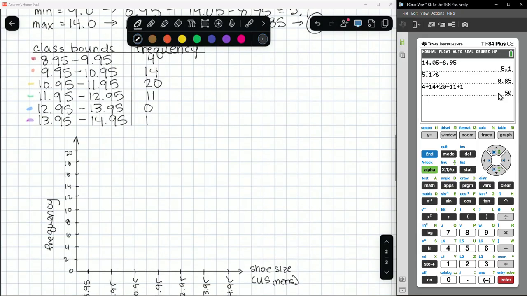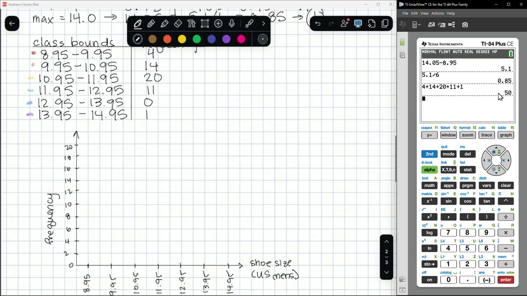From here, we know how to draw bars. That first graph goes up to 4. My second class goes up to 14. Next one goes up to 20.